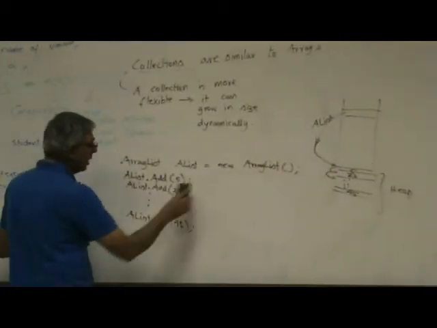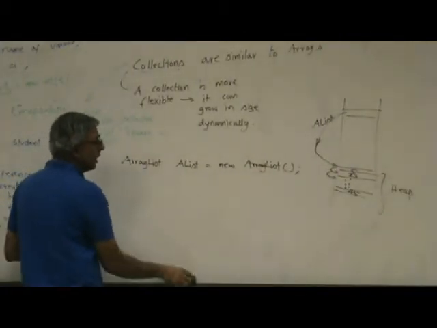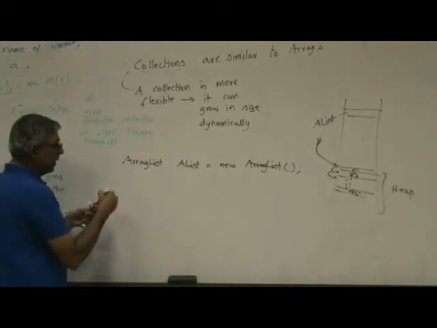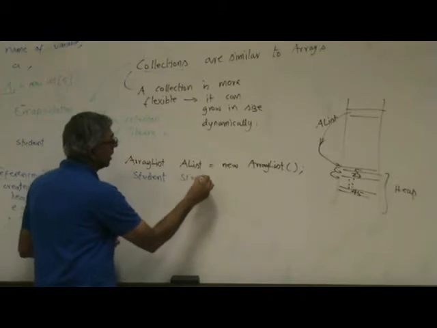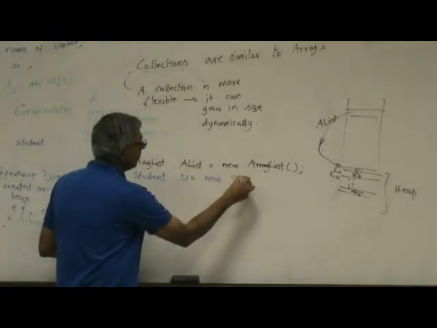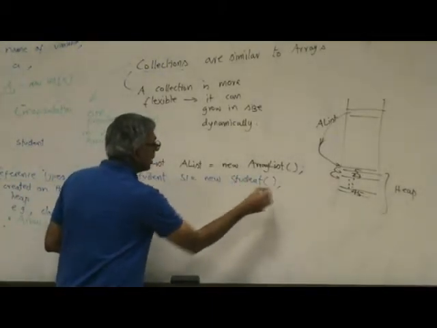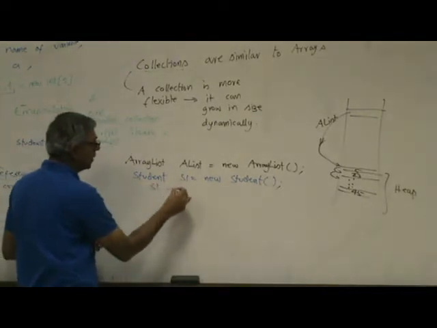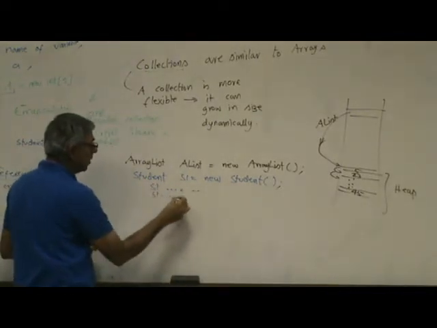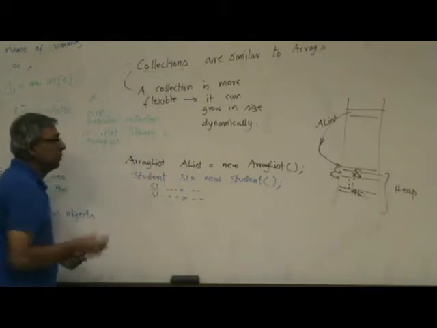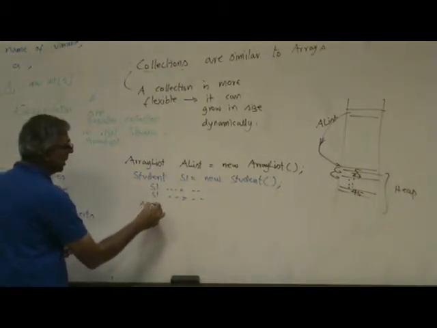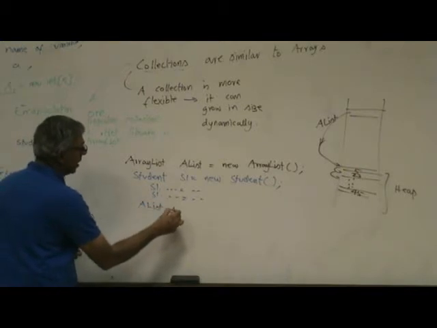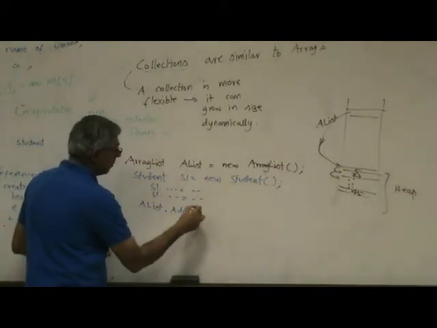So for example, suppose you created an array list called A-list, then you did something like this. Student S1 equal to new student, and then you set some fields over here. After you set the first name, last name, and so on, you can do alist.add S1.